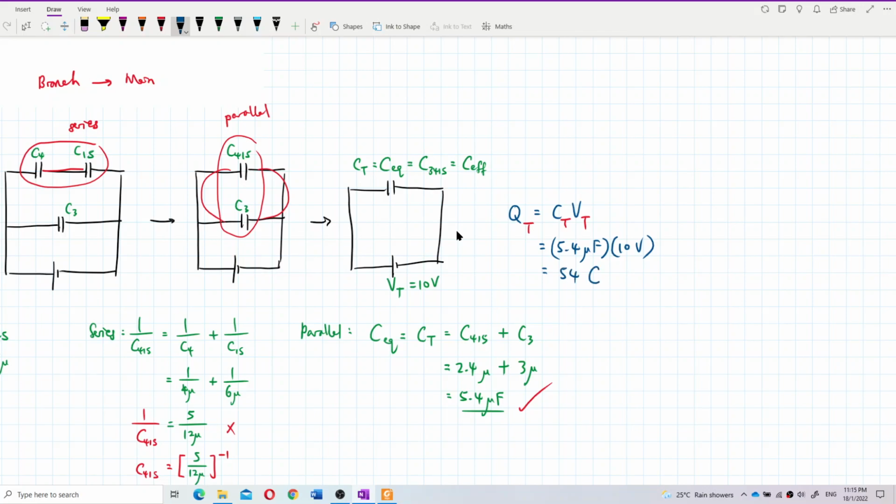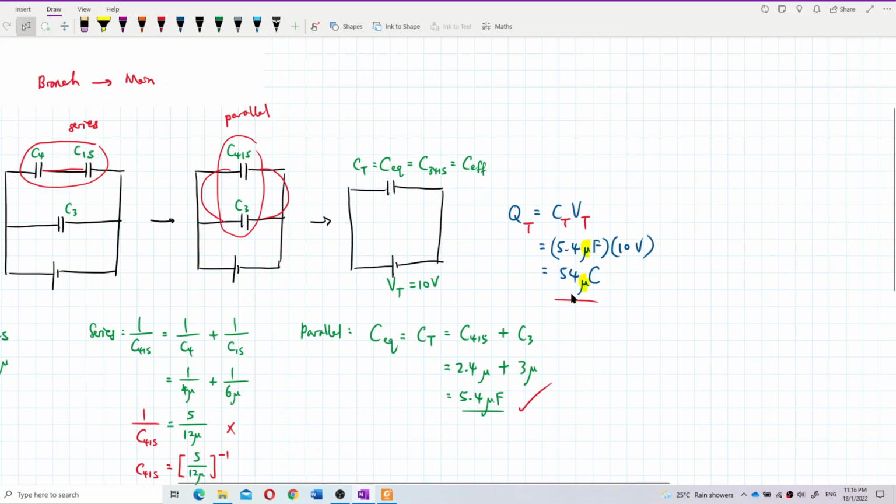Is it coulomb or microcoulomb? Of course, microcoulomb, because this one is microfarad. Don't forget the micro. Micro itself is exponent -6. Okay, I got the Q total already.